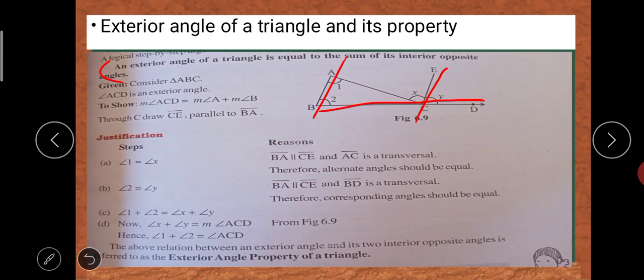So when we add angle 1 plus angle 2, and on this side we add angle X plus angle Y, understood how we relate here?